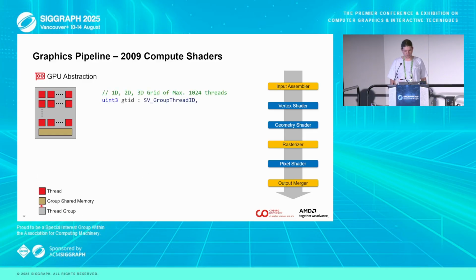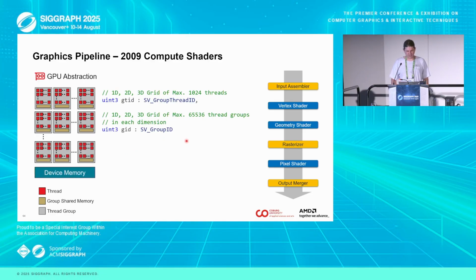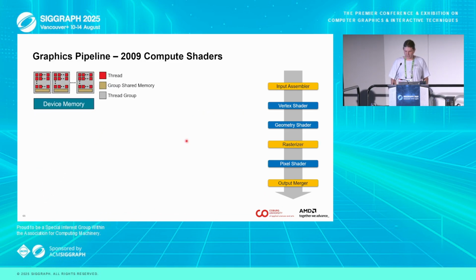And then we have what we call a compute shader, and you can identify those threads in a grid with a group thread ID, and you can identify each of the groups with a group ID, and then you can program them pretty conveniently. And those compute shaders become, we'll see this in a minute, very important for work graphs too.